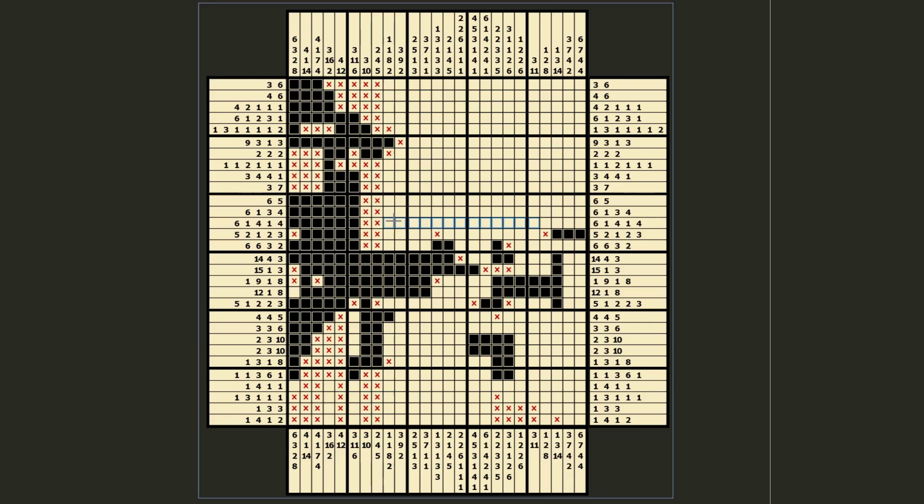Nope. Wait. 6, 6, 3. So this is at least a 3. Yeah, that makes sense. I'm not sure if it connects here, but that's at least a 3. Has to be.